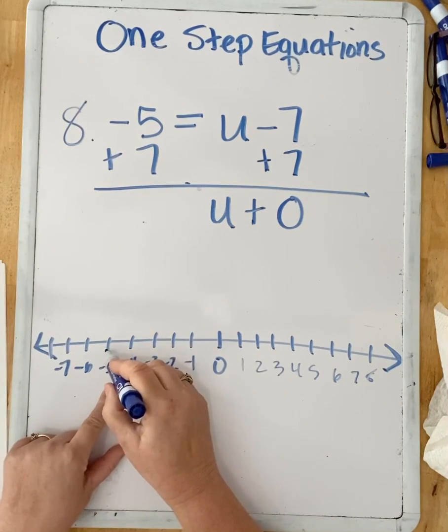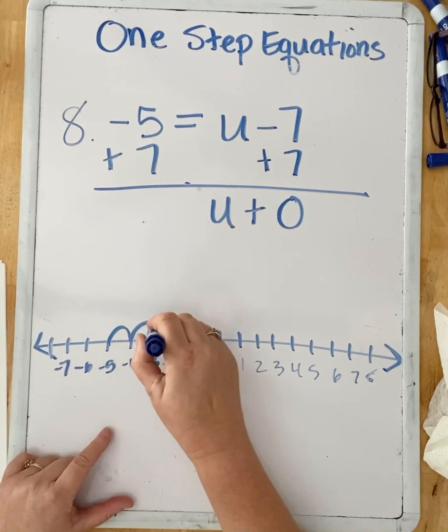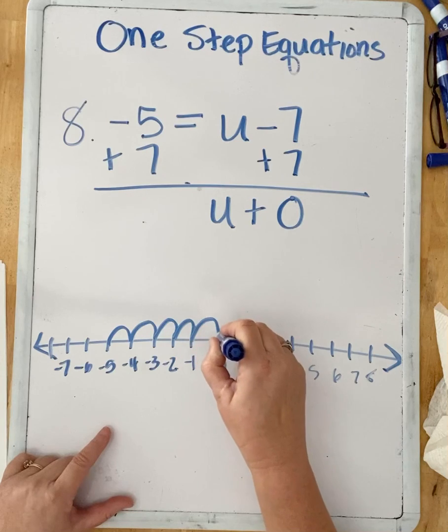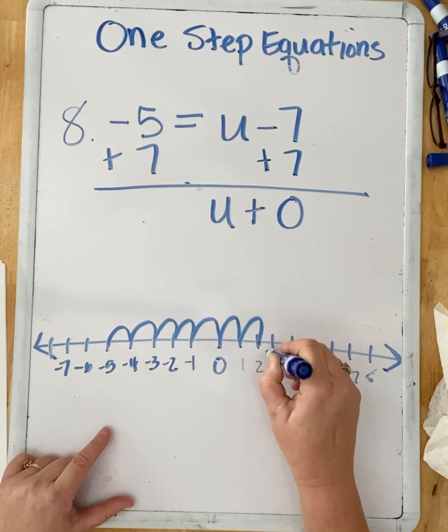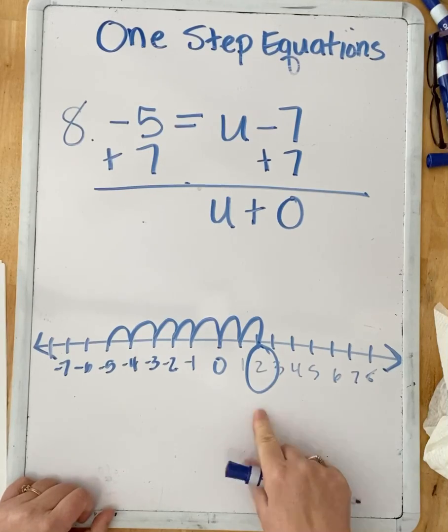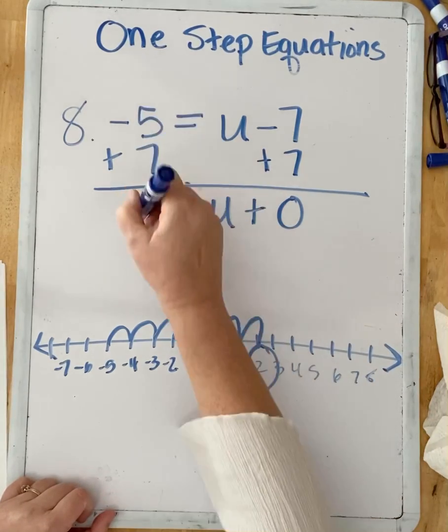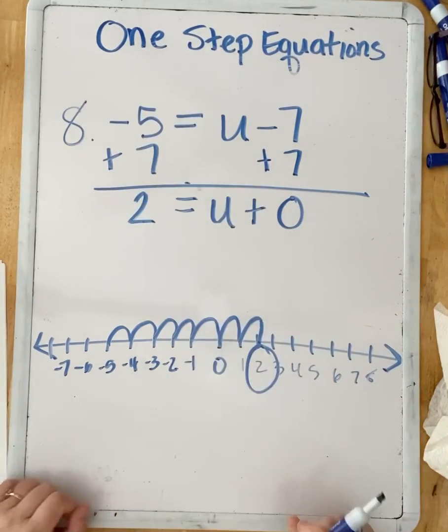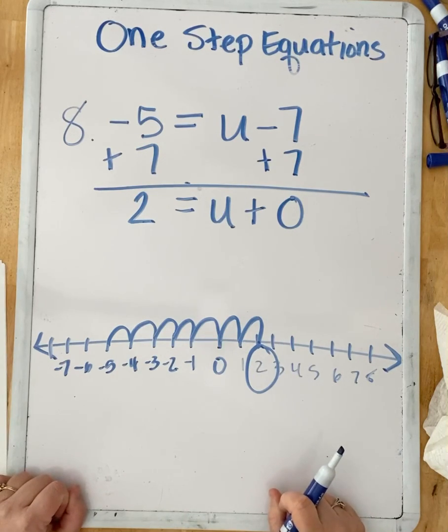So if I start at -5, I go 1, 2, 3, 4, 5, 6, 7. And I end up at +2. So my solution here is +2.